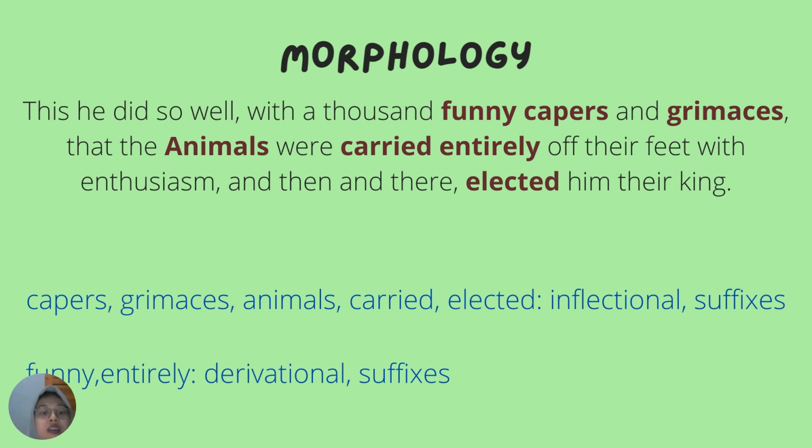And for funny, entirely, this is derivational because they have different meaning from the main word or the basic word. And all of them have two morphemes, like I told before.